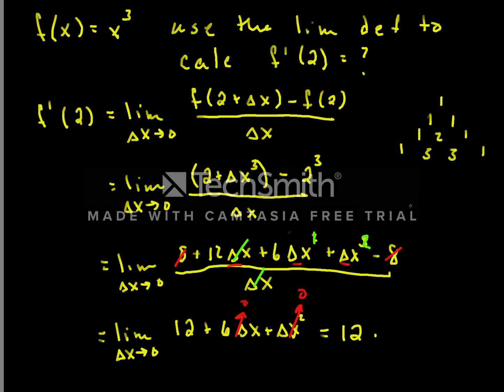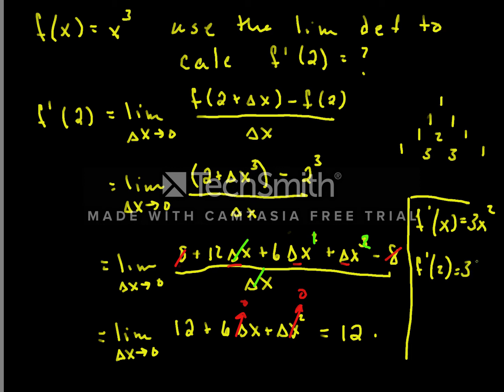We could always double check to make sure that we're not crazy since we've got rules. We know that f prime of x is equal to 3x squared, and so f prime of 2 is equal to 3 times 2 squared, which sure enough is 12.